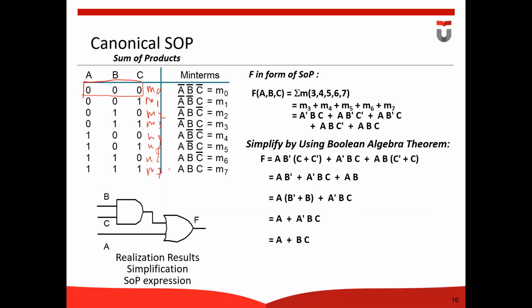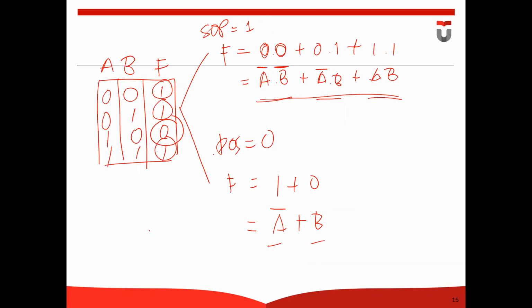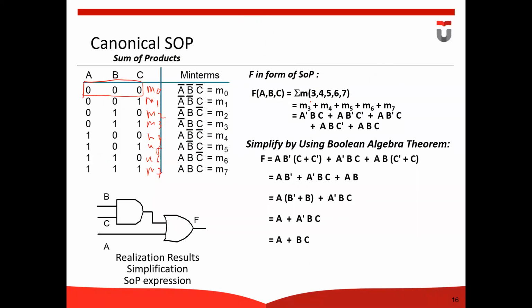Now, from our previous example, this is M0, M1, M2, and then the rest is M3, M4, M5, M6, M7. So the SOP members are M3 to M7: 3, 4, 5, 6, 7.